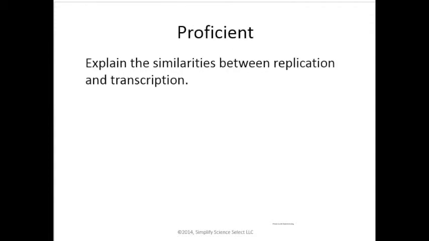What are the similarities between replication and transcription? So we'll get a couple here. Well, they both involve opening up the DNA molecule. They both involve moving information to another nucleic acid.